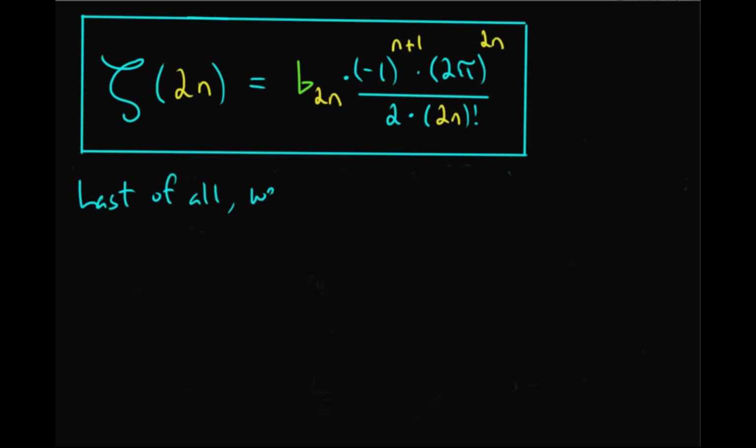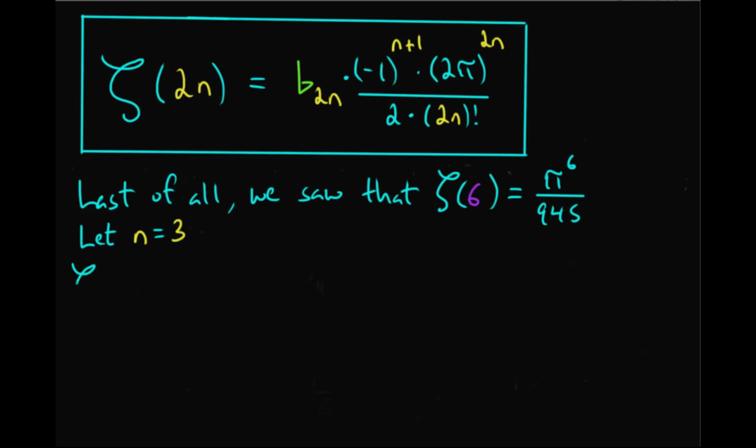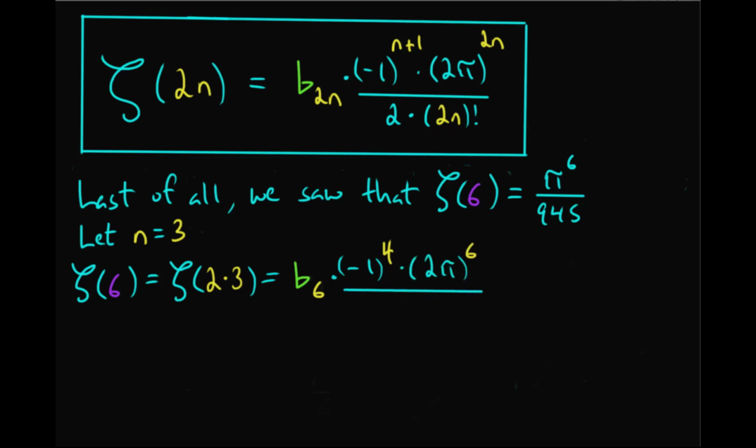We saw that zeta of 6 in our previous video equals pi to the 6th over 945. So we'll let n equal 3. We then have zeta of 6 equals zeta of 2 times 3, which equals b sub 6 times negative 1 to the 4th times 2 pi quantity to the 6th, all over 2 times 6 factorial. And we know that b sub 6 equals 1 over 42.